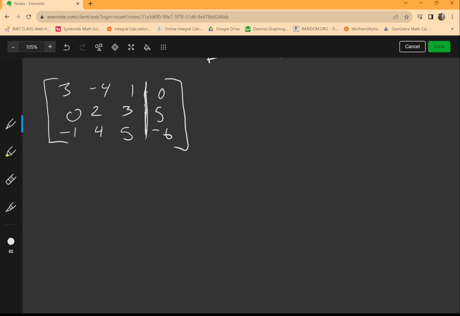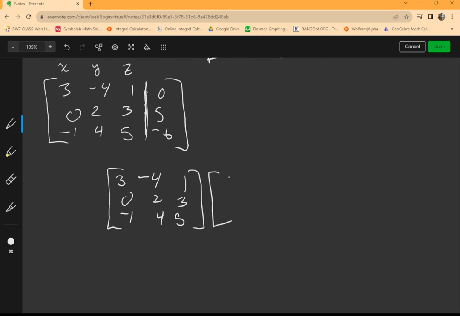If we have x, y, z being our variables, one way we can do that is we can have the coefficient matrix and what's called a column vector, or a 3 by 1 matrix, represented by the variables, and then it's equal to 0, 5, -6.